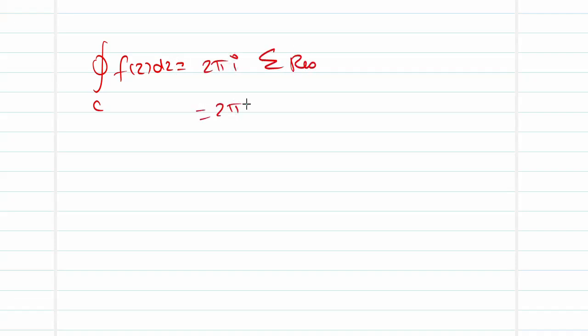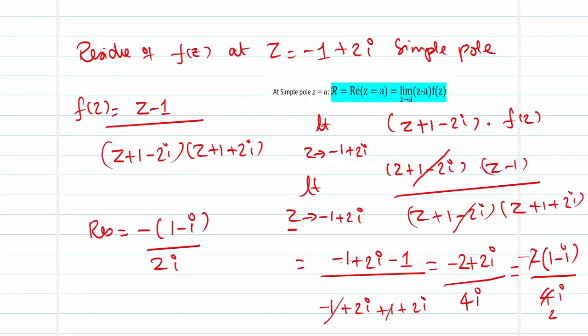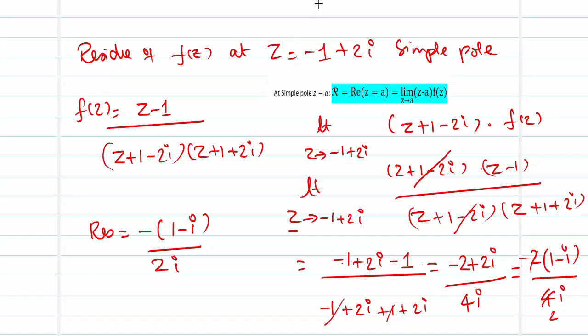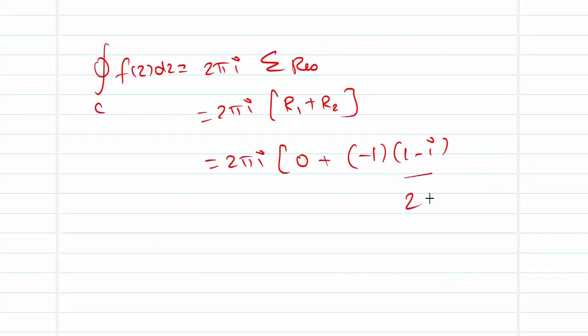The last stage is evaluation of the integral of f of z dz, which is given by 2 pi i times the summation of the residues, which is 2 pi i times residue 1 plus residue 2. What is residue 1? It was lying outside, so it vanished. And what is our residue 2? Residue 2 was equal to minus of 1 minus i divided by 2i. 2i and 2i can be cancelled off.